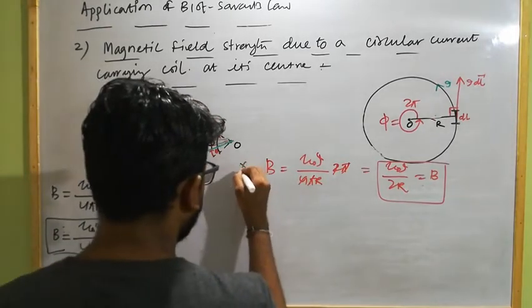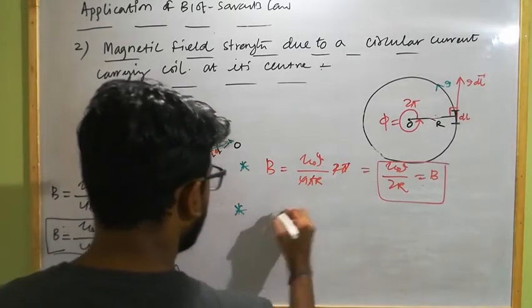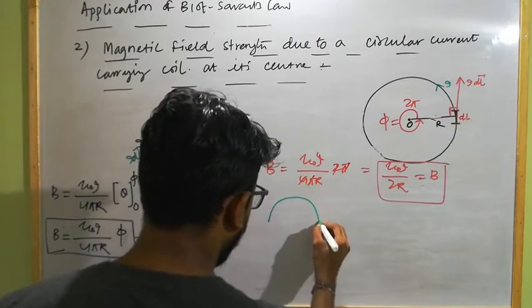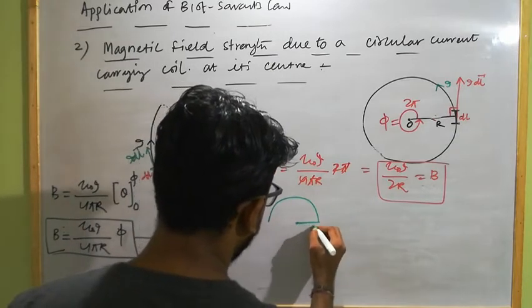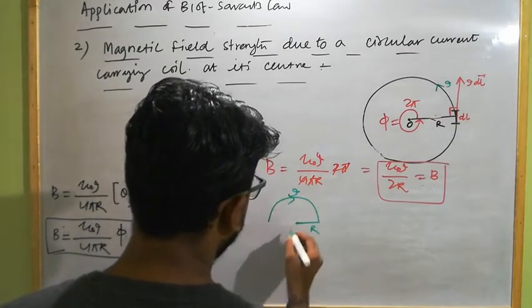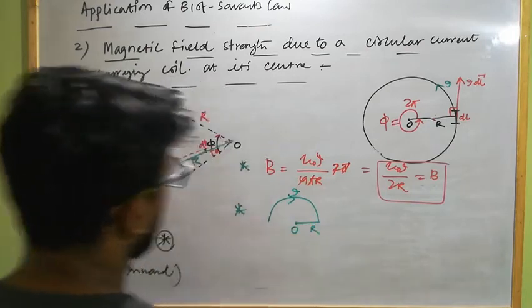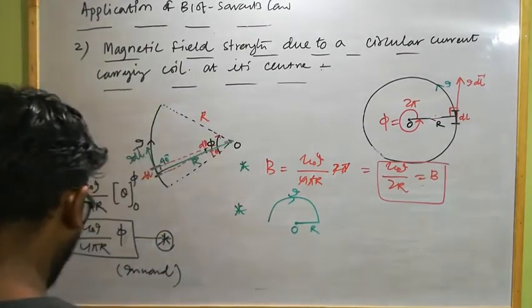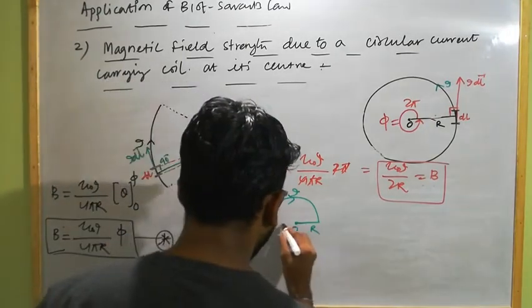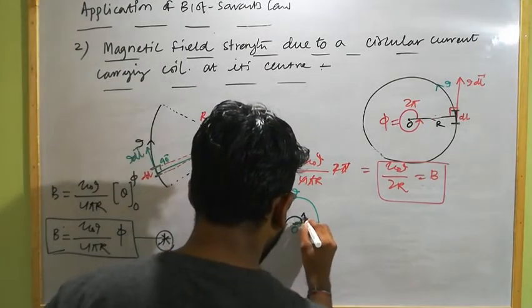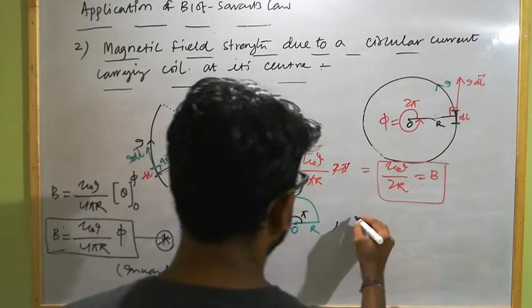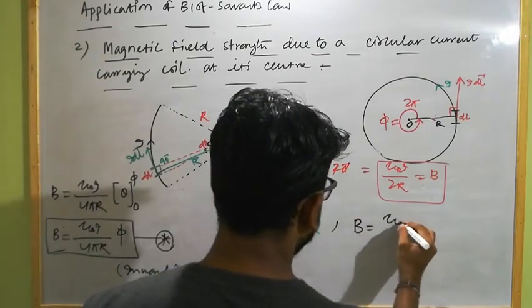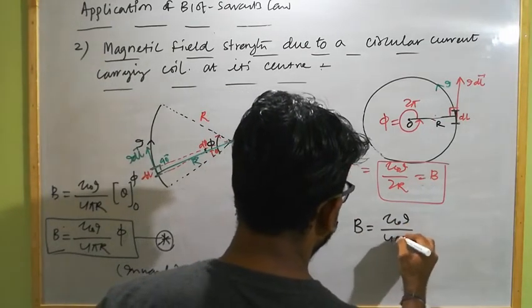Similarly, this is case 1. If there is a semicircular coil of radius r which carries current I, and we have to calculate the magnetic field strength at its center, then here the arc makes an angle how much? π. This is the arc which makes an angle π at the center. So the magnetic field strength B will be how much? μ0 I by 4π r.